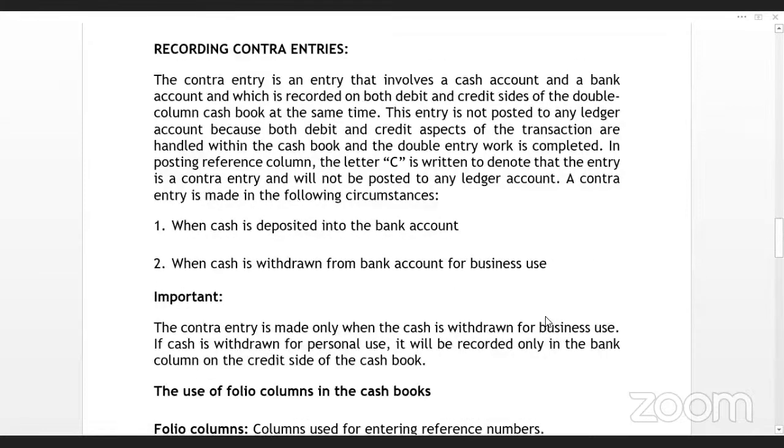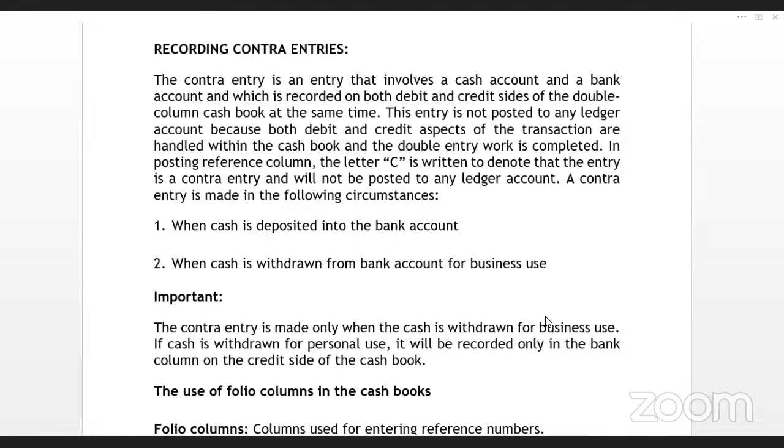When cash is deposited into the bank, this transaction affects both your cash and bank. Cash is going to be debited in the bank column, but basically the cash column of the cash book will be credited.